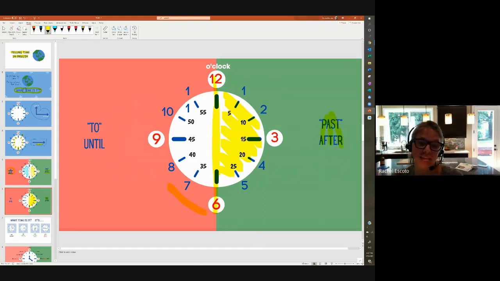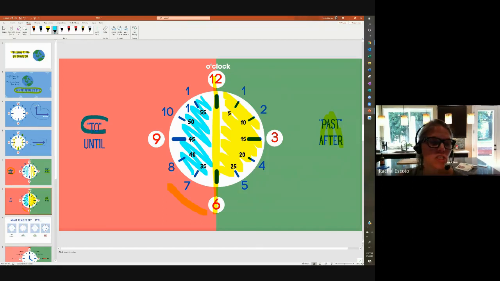Now on this side over here, we have to say to or until. But we have to count backwards, right? Because we count how many minutes to the next hour.